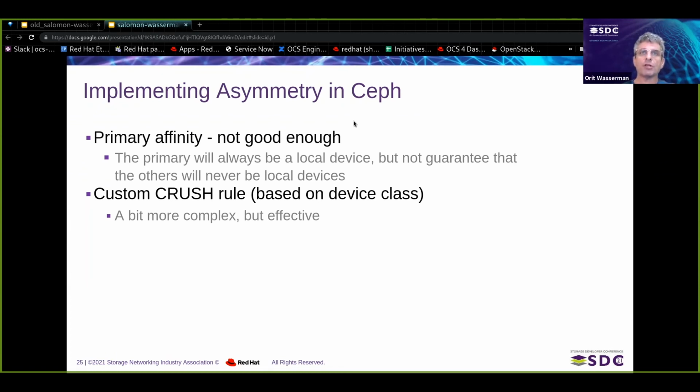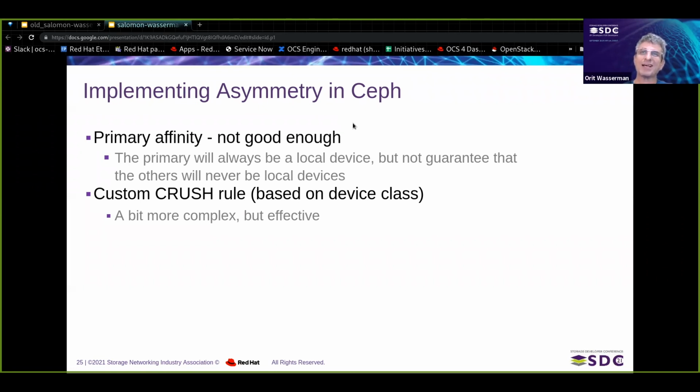So the first option that jumps to mind is to use the primary affinity attribute of OSD devices, giving all OSDs of local storage primary affinity of 1, and all OSDs of cloud storage primary affinity of 0. This means that no cloud storage-based OSD will ever be a primary OSD. This is exactly what we want, and it seems that this simple trick will solve our problem.